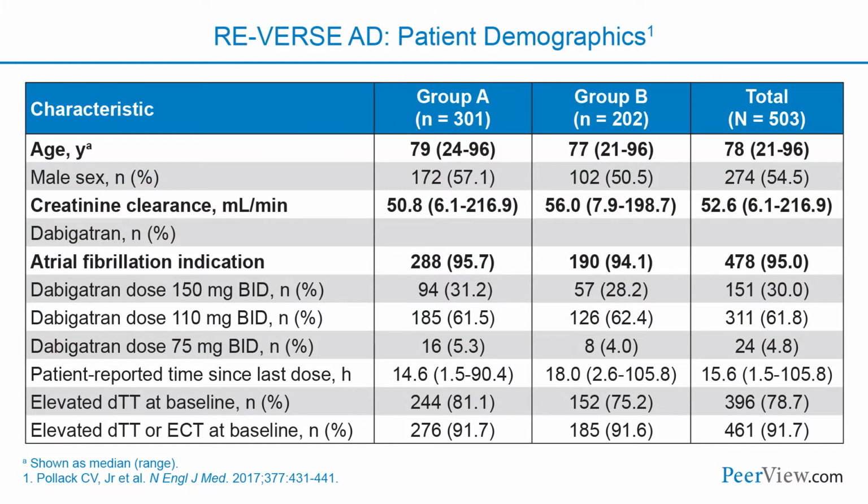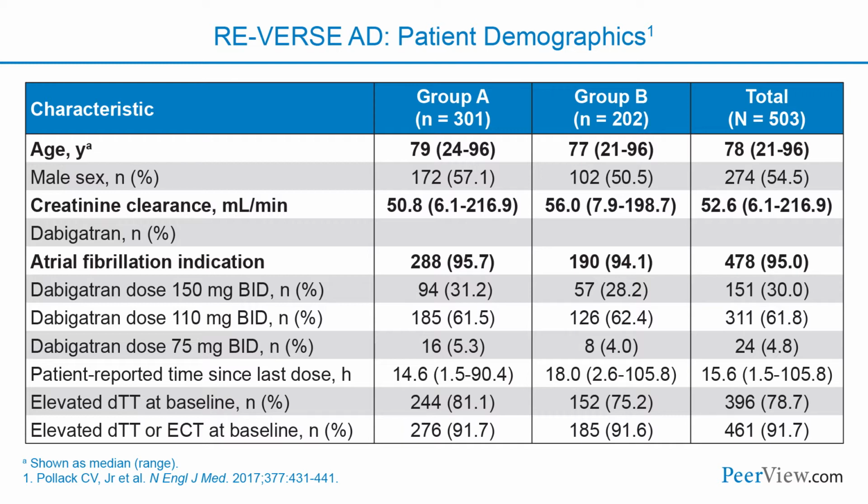You see here the patient demographics of those 503 patients enrolled in REVERSE-AD. As you might expect, this is an older patient population with lots of comorbidities. Slight majority were males, a broad range of renal function from totally healthy kidneys to basically shut down kidneys. Now, those at the lower range of this creatinine clearance, you would expect had that develop acutely, because if their creatinine clearance was that low, they would never have been on dabigatran in the first place.